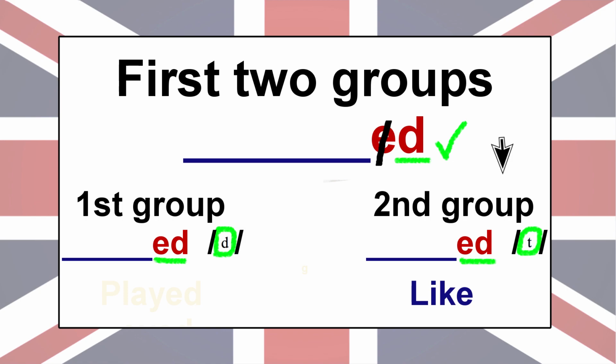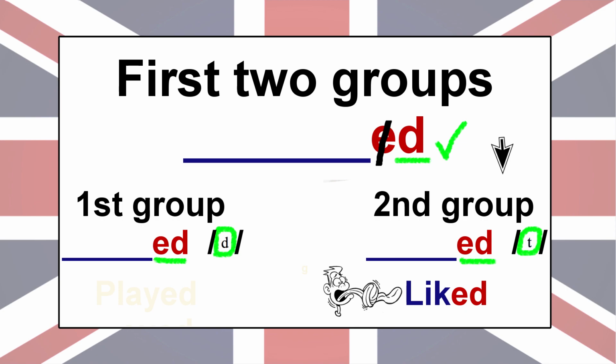It's a lot easier to pronounce it as a T. For example, liked. Now, if you try to pronounce it as a D, you will find it a little bit more difficult. Lied. It's like your mouth is struggling to pronounce it properly. So that's why we use a T to make it easier.